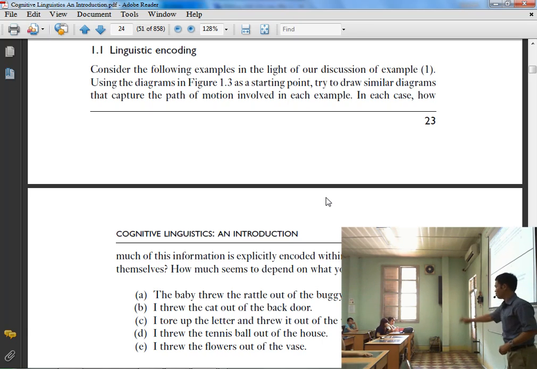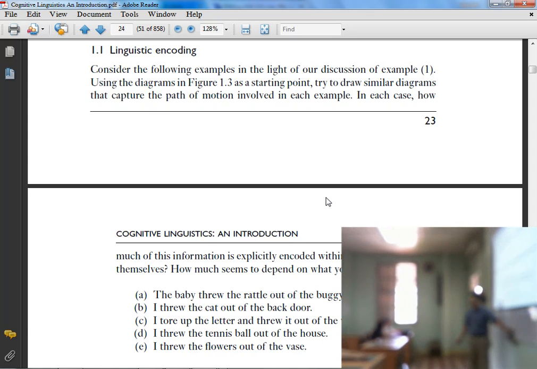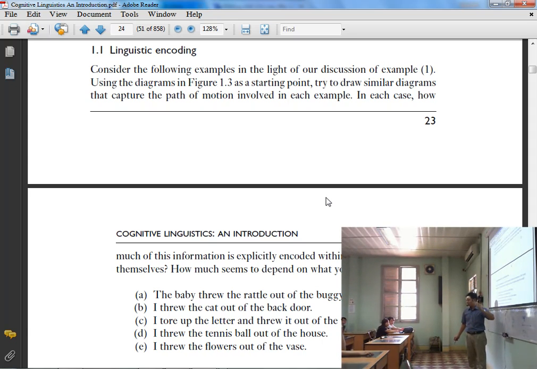So it can be different motion paths, different objects. Now, so "out of" in all of these cases is different because the motion path is different. Okay, the surface of contact in our mental picture is different.